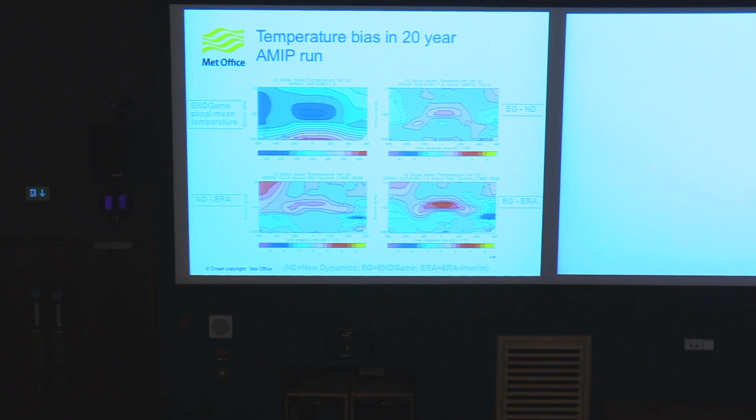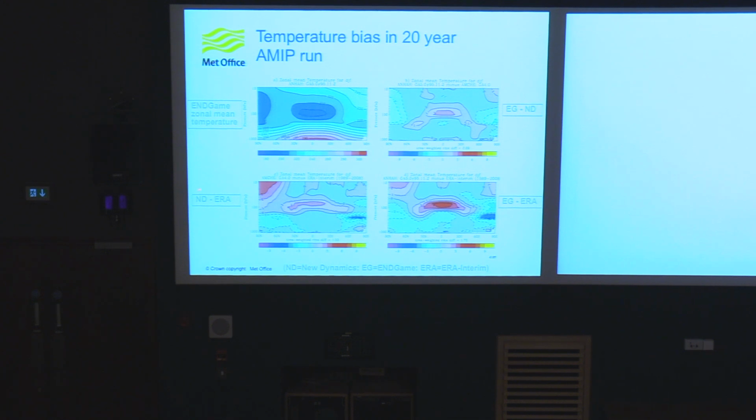This is the zonally mean temperature field from ENDGame. What we've then done is look at how that compares with ERA-Interim, a reanalysis, our best guess at truth. If we look at the difference between ENDGame and ERA, that reanalysis truth, we see a very large warm bias in the region of the tropical tropopause.